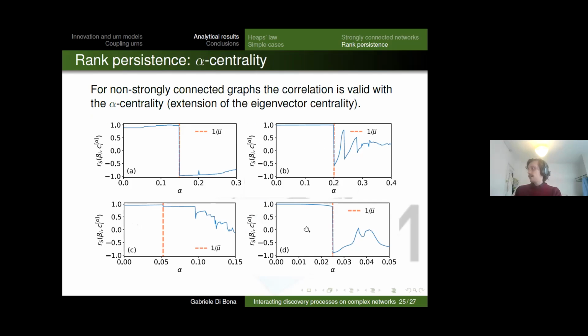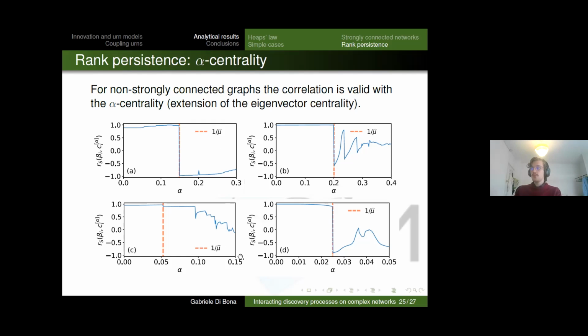And just a final result: what happens to non-strongly connected graphs? In that case, you can do a similar approximation for getting the solutions, and you can inductively find an algorithm that finds all the eigenvalues for all the weakly connected components.